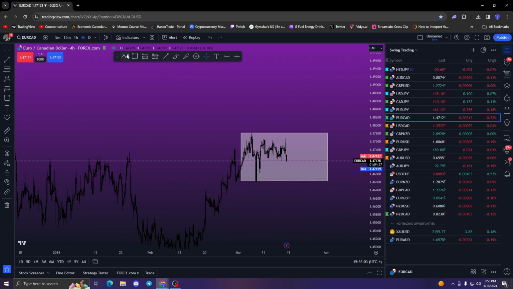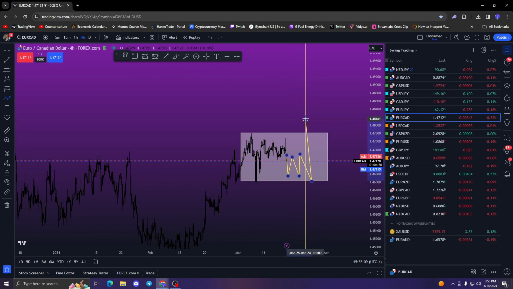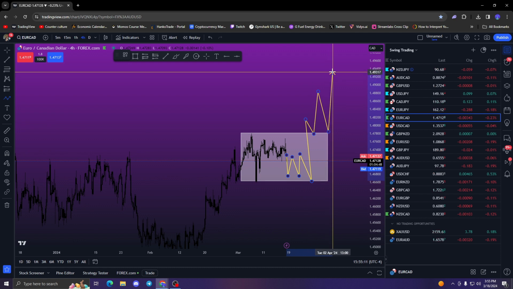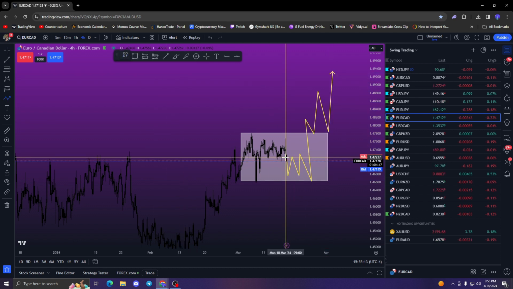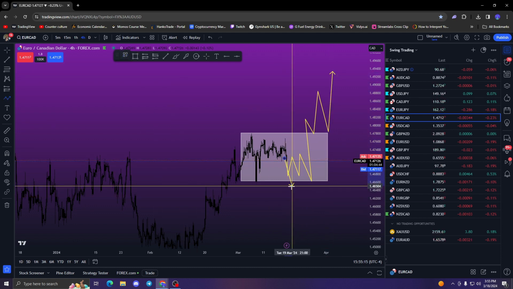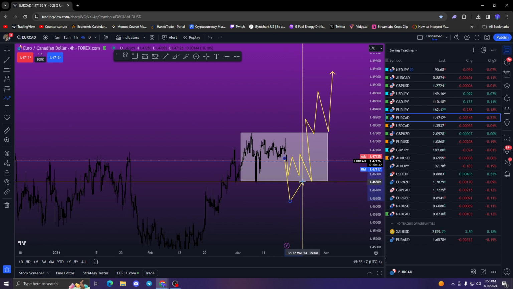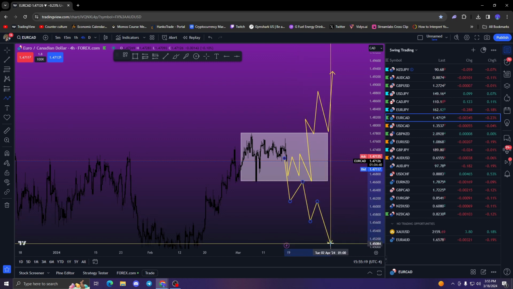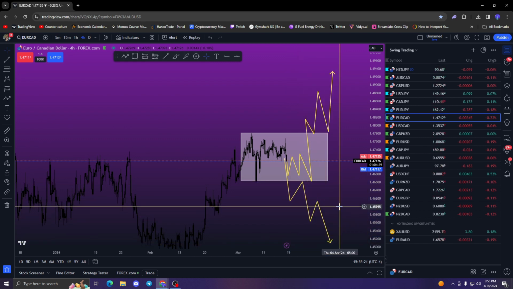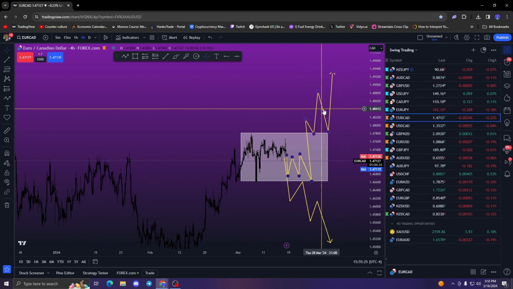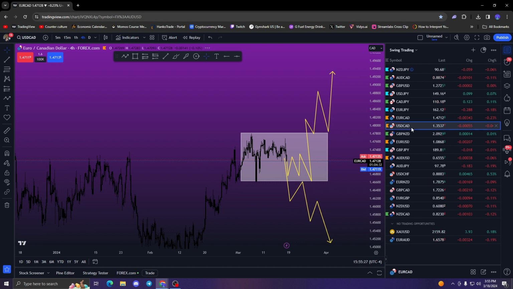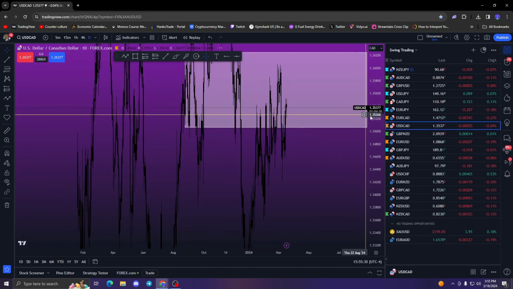We could just keep ranging, or we could break up to the upside and continue to go up. Or another option could be we could just break out of the downside of this range and then continue to push lower, continuing down. I don't know what's going to happen, so therefore, I am not even going to be looking at this pair because it's not clear enough.